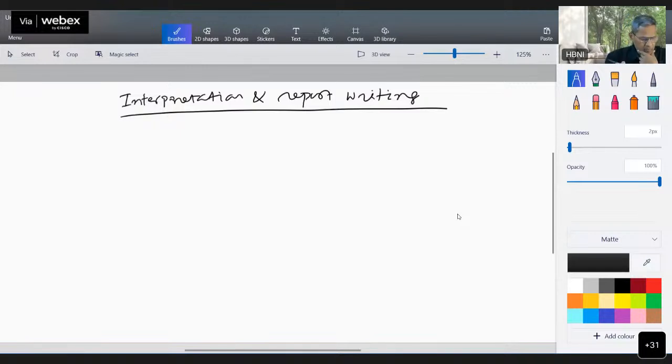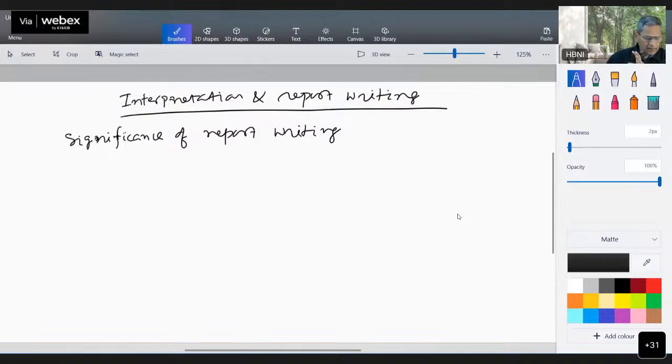What is the significance of report writing? Why do you write this? Because the research report is considered a major component of a research study.